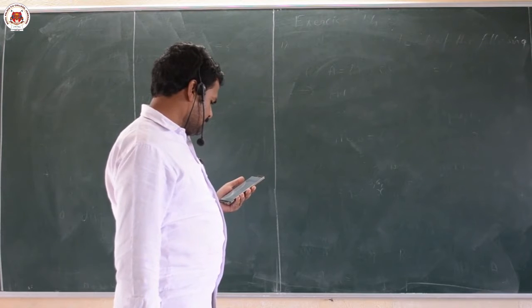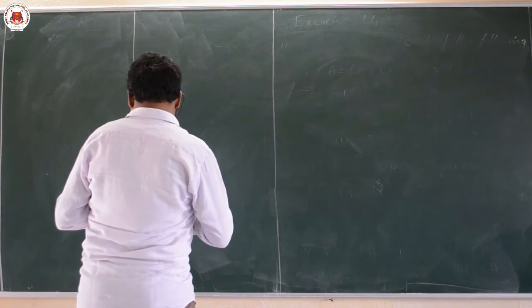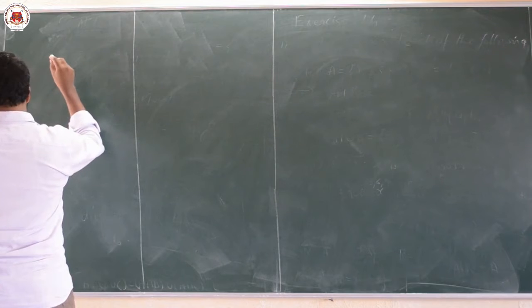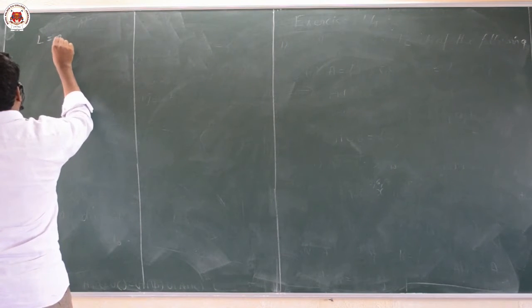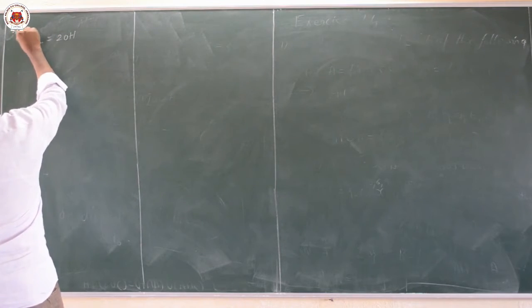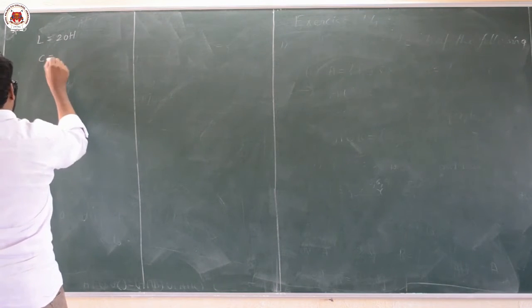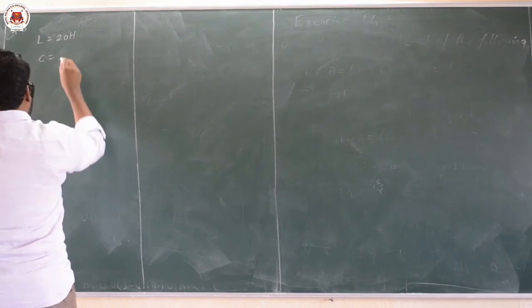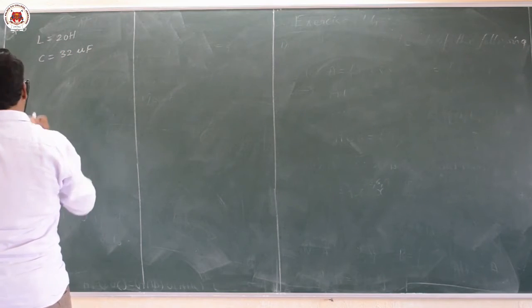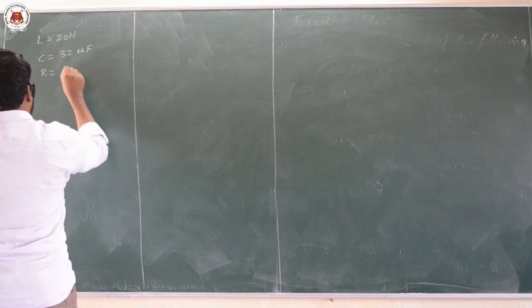Obtain the frequency of a series LCR circuit with L equal to 20 Henry, C equal to 32 microfarad, and R equal to 10 ohms.